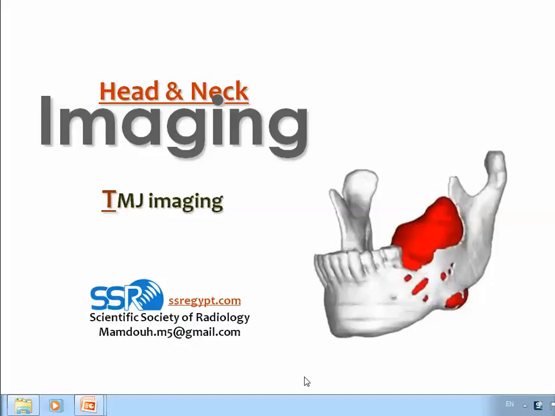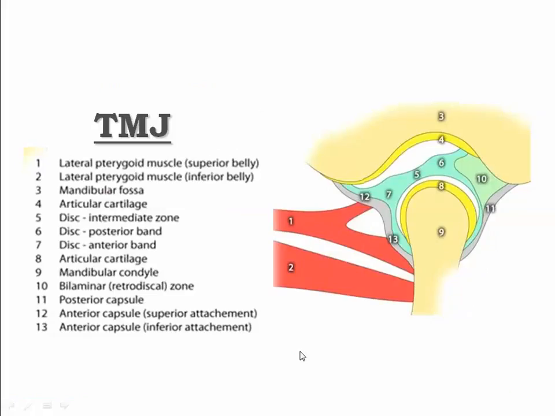Dear colleagues, we will continue the lecture on mandibular imaging and the temporomandibular joint. We have finished the anatomy and pathology of mandibular lesions, and now we are going to handle this small issue about the imaging of the temporomandibular joint.